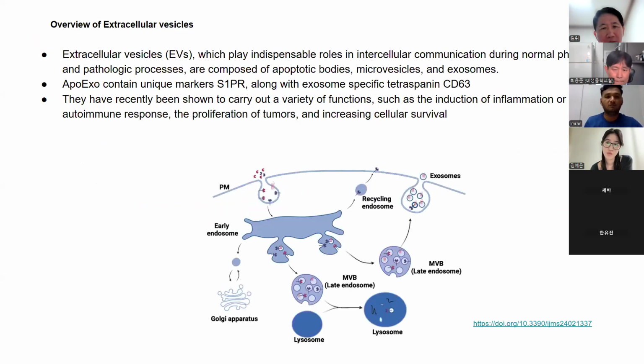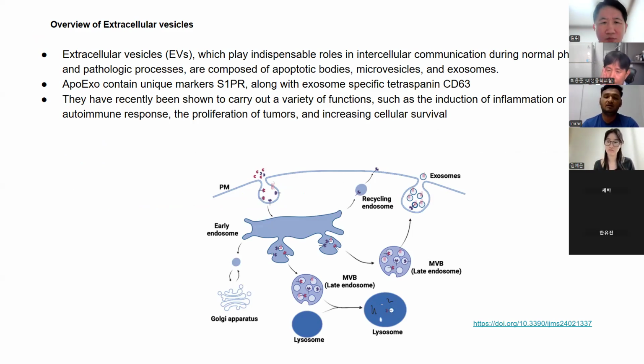Going over the overview of extracellular vesicles. Extracellular vesicles serve as an intercellular communication medium, and they have an important role in both normal physiological and pathological processes.